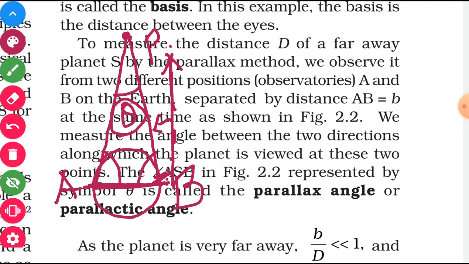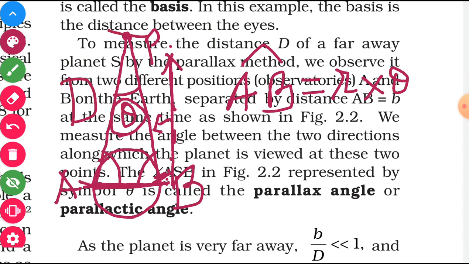Then according to our formula, arc AB is equal to radius multiplied by theta. Now radius is the distance between A and P. So this distance is, say, d.